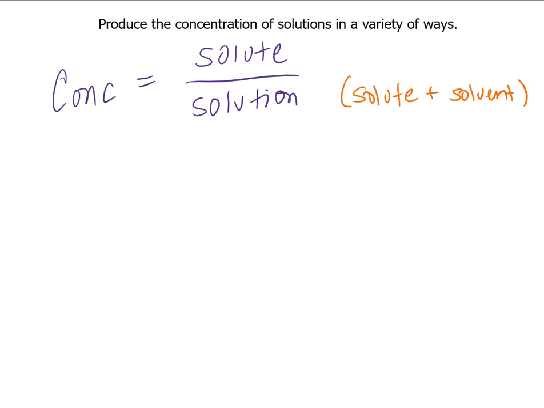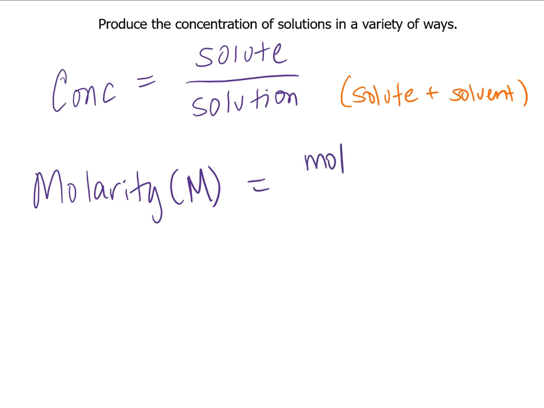Some other things when thinking about concentration, there are different ways that we can report it, but regardless of how it's reported, it's giving you the amount of solute, of what was dissolved, that is present. One of the more common ways of reporting concentration is molarity. Molarity, which we indicate with a capital M, tells us the number of moles of solute divided by a liter of solution.